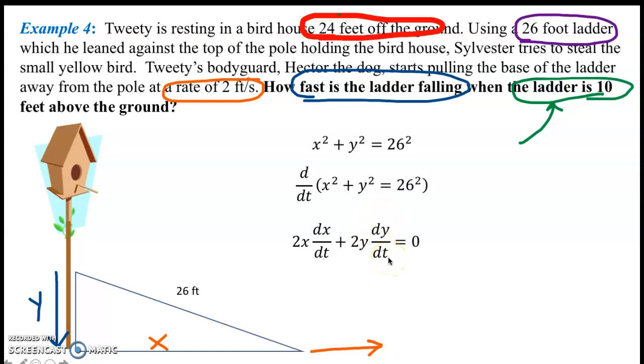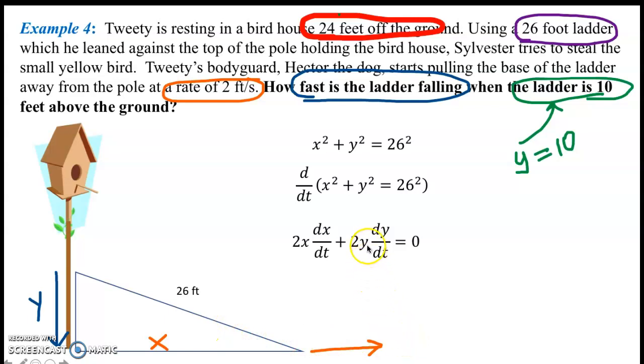So let's see what we have. We have a value for y at this time. y is equal to 10 when the ladder is 10 feet above the ground. We have dx/dt. We know that dx/dt is moving at 2 feet per second. We said that was moving that way by 2 feet per second.